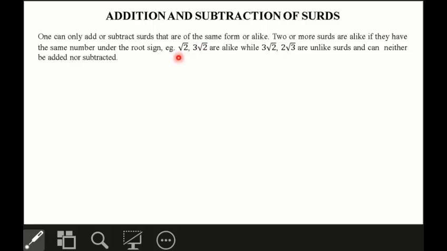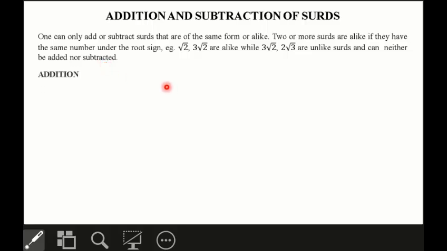These two surds are said to be what? Like surds, because the numbers under the root sign are the same. While 3 root 2 and 2 root 3 are unlike surds. Why? Because the numbers under their square root are not the same, and therefore they do not look alike. And when they are not alike, we can neither add nor what? Subtract.